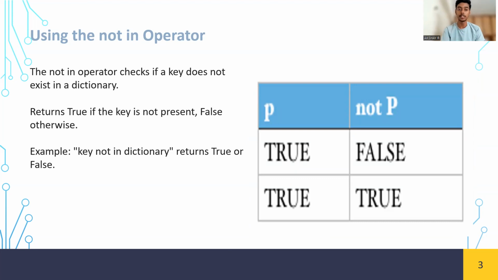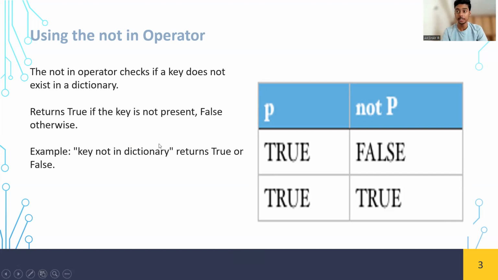It returns true if the key is not present and false otherwise. For example, key not in dictionary returns true or false, as the truth table itself says.